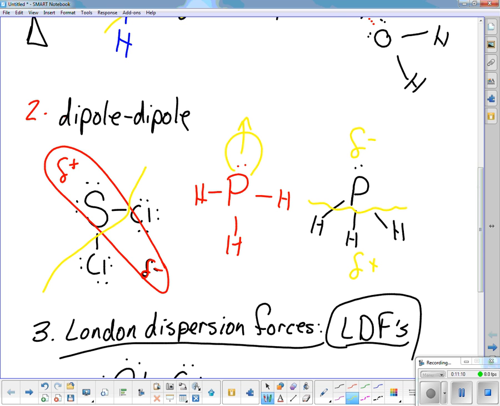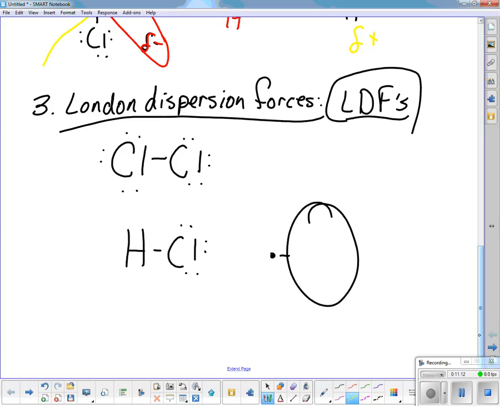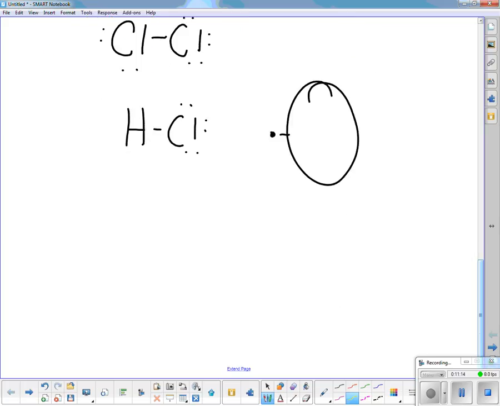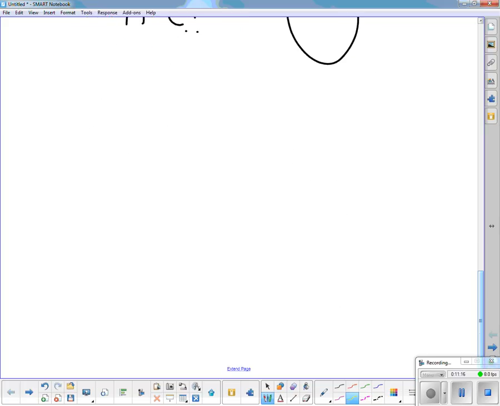So let's look at a couple more. Let's bring this down and get some more paper here. I'm going to give you some examples and let's see if we can classify them, okay? So say that I had a nitrogen, which would look like this, and I combine it with a fluorine.